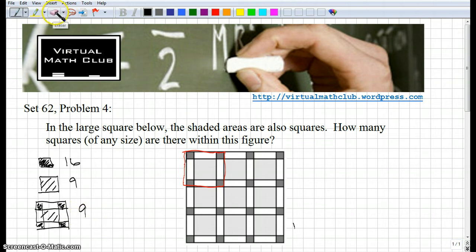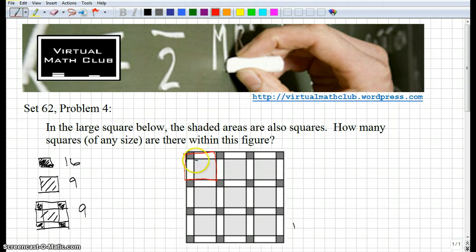Alright, let's keep going, because there's more squares we can find. Actually, we can find a square within this red square, so I'm going to erase this red. And let's go back to another red pen here. You can see we've got another square that looks like this within that previous square.